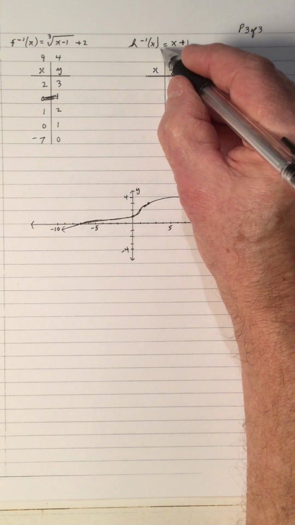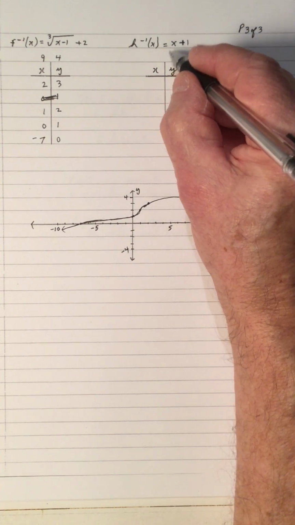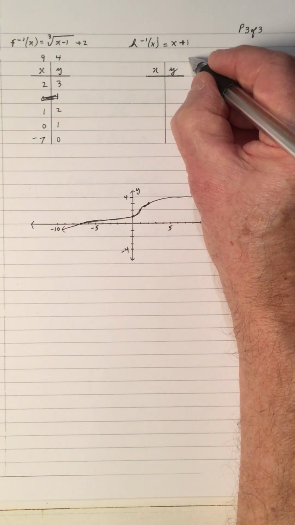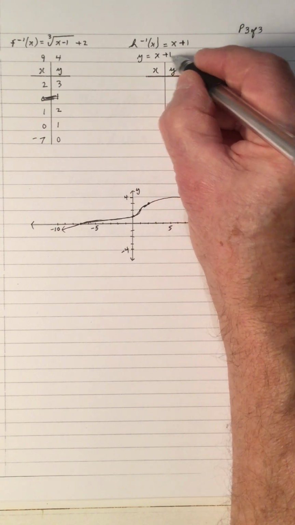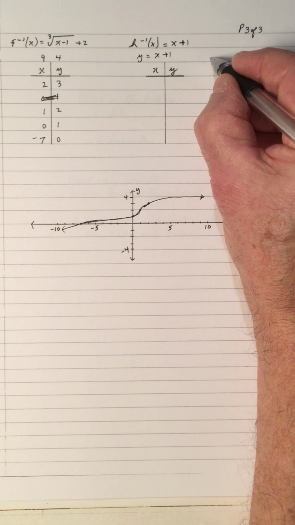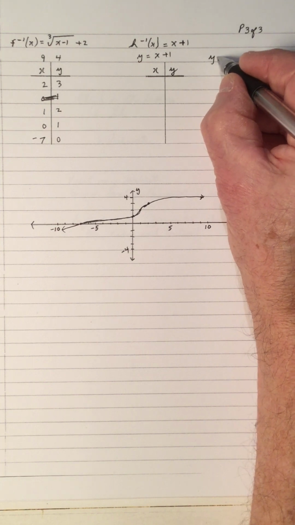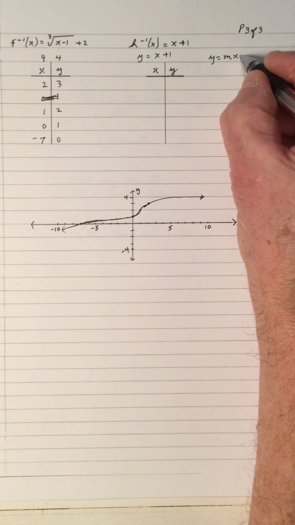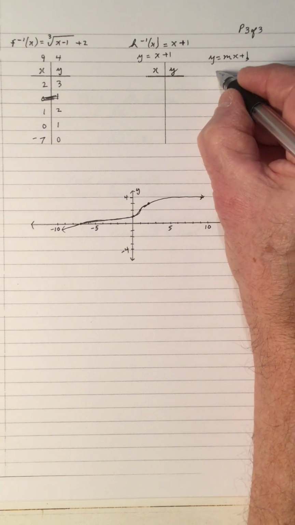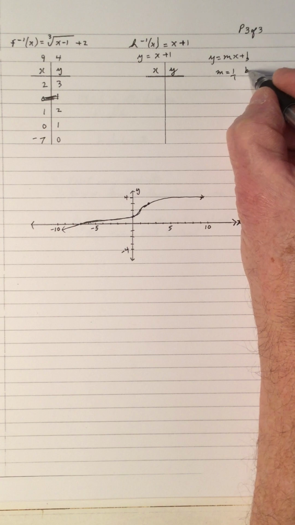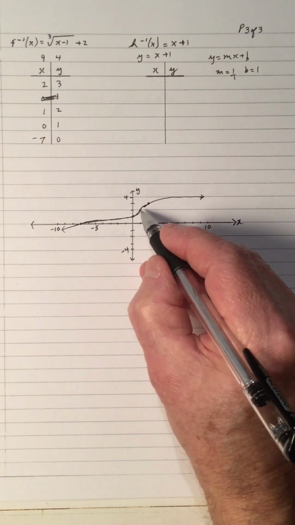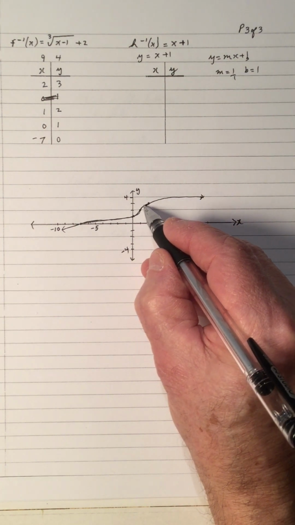Now this is a linear, so I can do a table of values, or I can do y equals x plus 1. So y equals mx plus b, the slope is 1, which is 1 over 1, and the y-intercept is 1. So I could plot that right here.